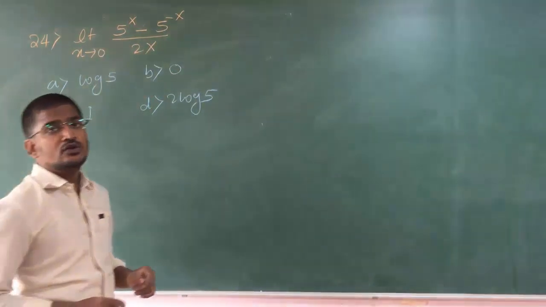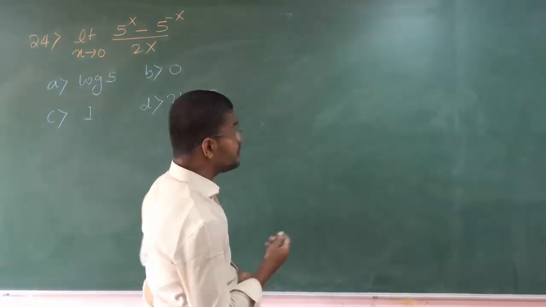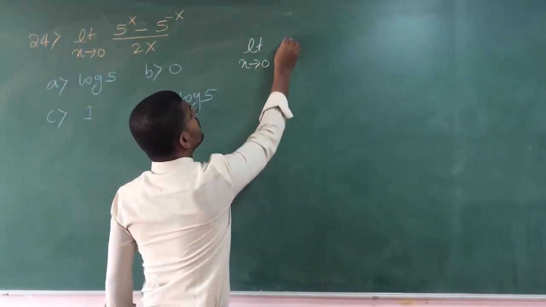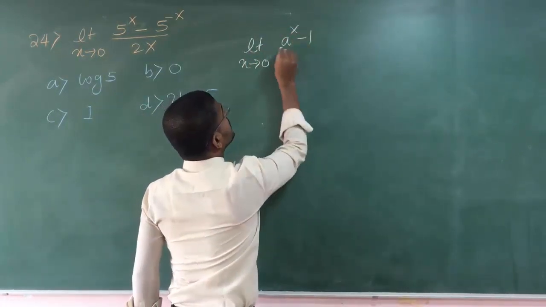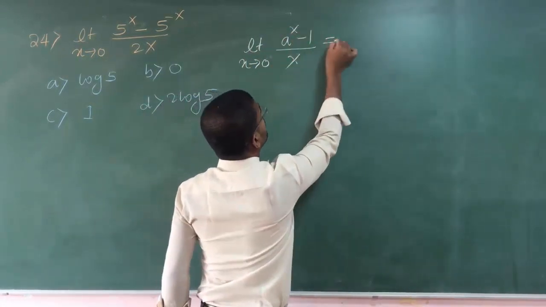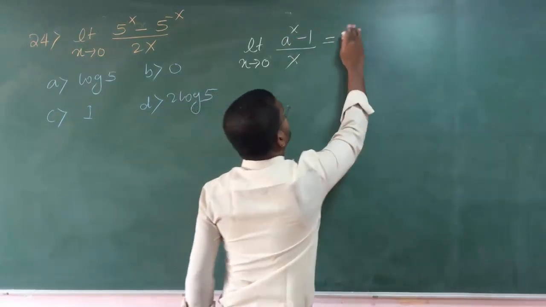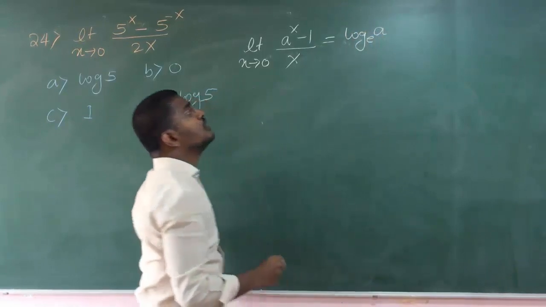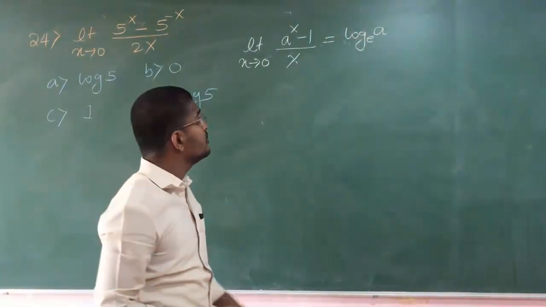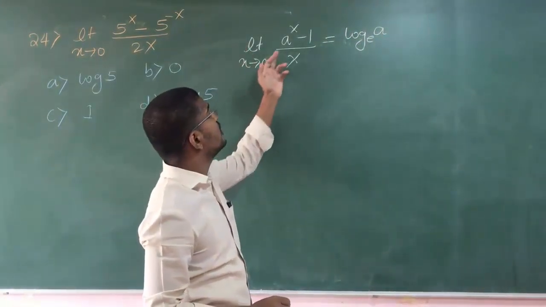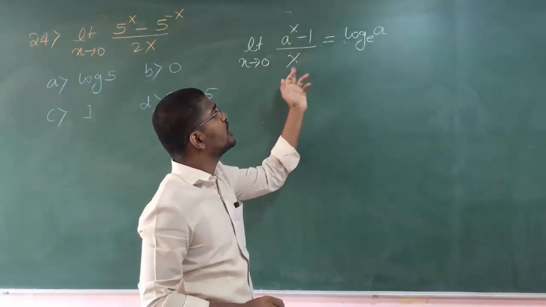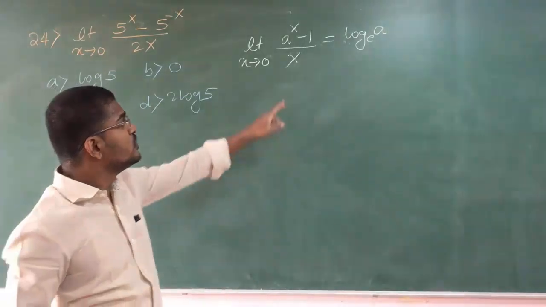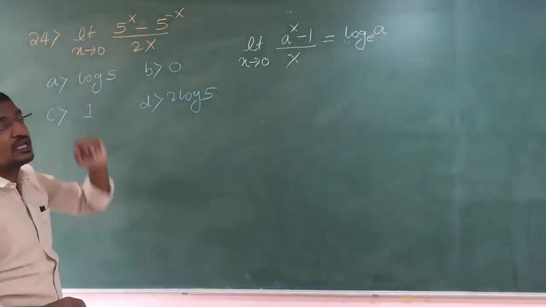To solve this question, students, you must know one formula, that is limit x tending to 0, a raised to x minus 1 divided by x equal to, sorry, log a to the base e. Please remember this. If you know this formula, you can simplify this particular problem.